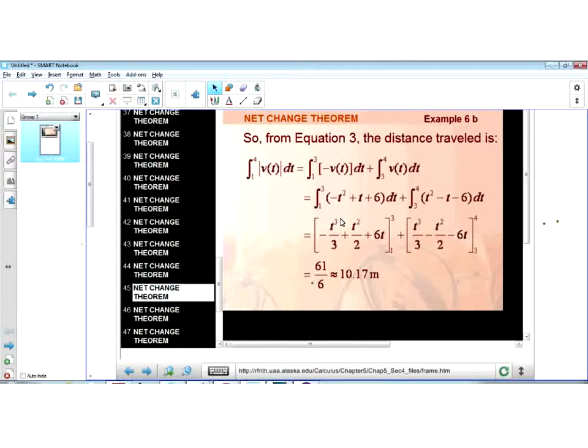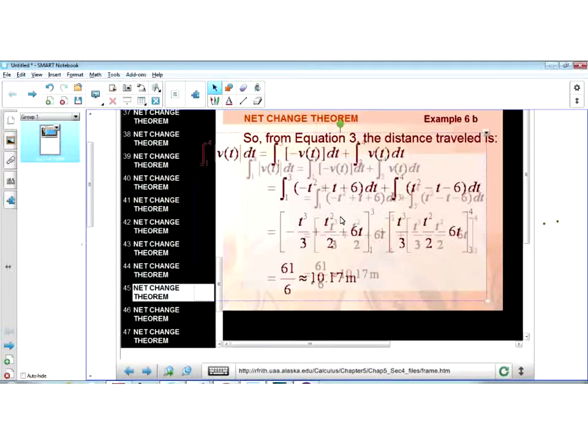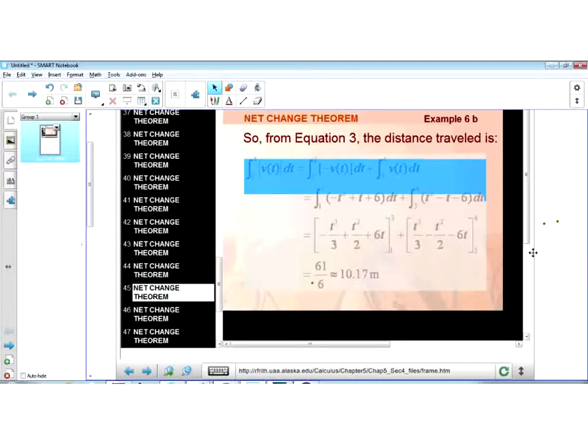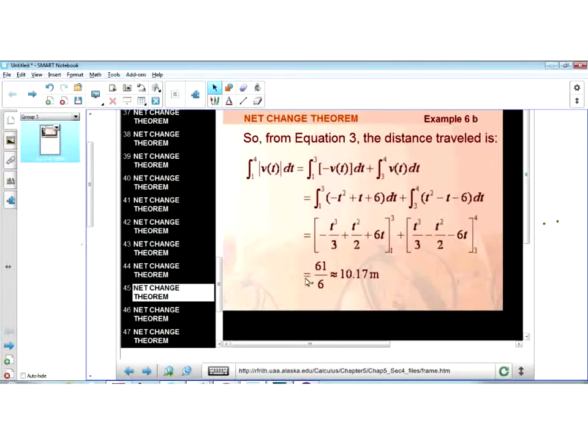And then we just use the net change theorem for this. Evaluate the two integrals, and we get 10.17 meters. So that's the total distance traveled back and forth. I'm hoping you see the distinction between the two quantities.